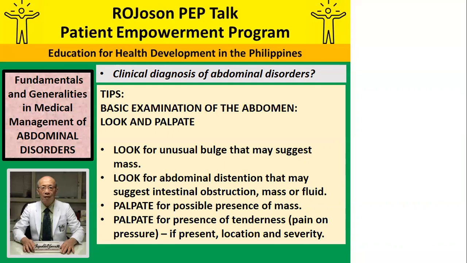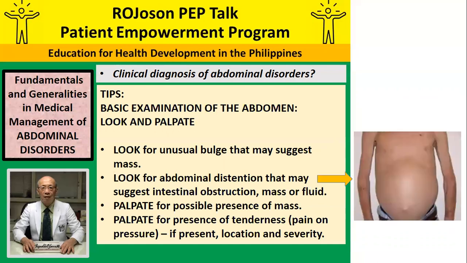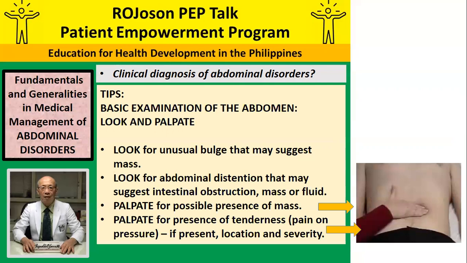If present, note down the location and severity. So like here, look for the unusual bulge that may suggest a mass, distension, which may suggest intestinal obstruction or mass or a fluid. Then palpate for possible presence of mass and presence of tenderness.